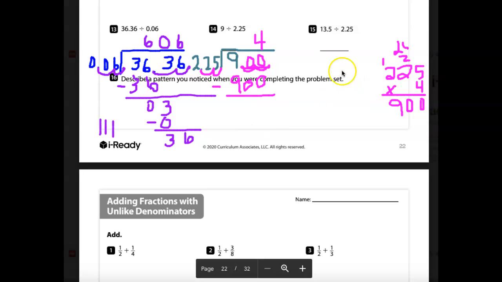All right, Miss Kylie, we've got one more. So we're going to make our box, and I'm going to change the color because it's going to run into our work there. So we have 13.5 divided by 2.